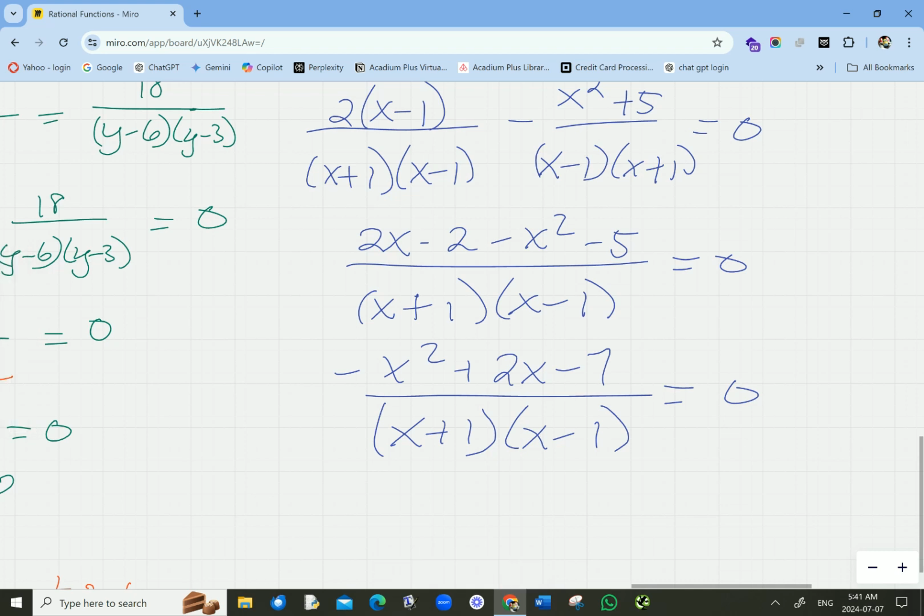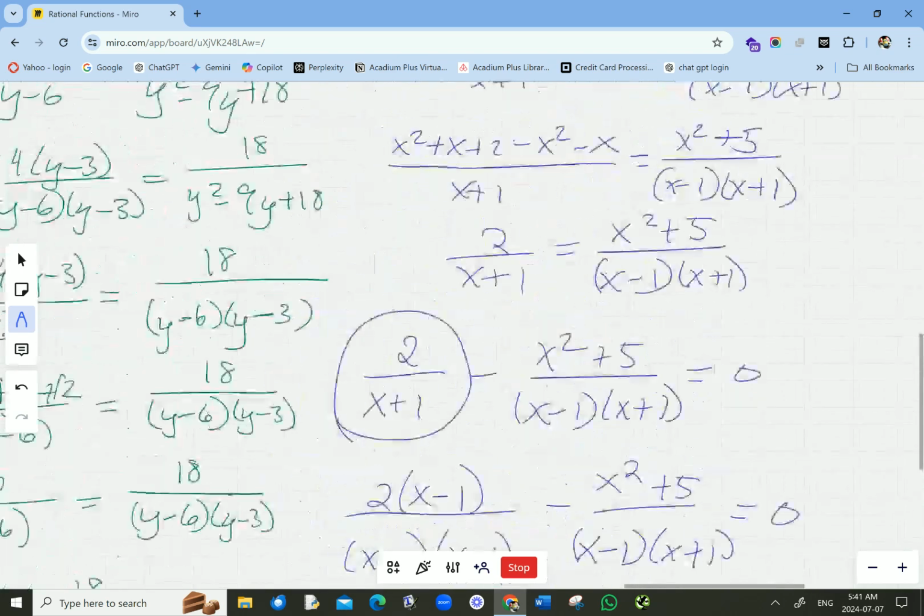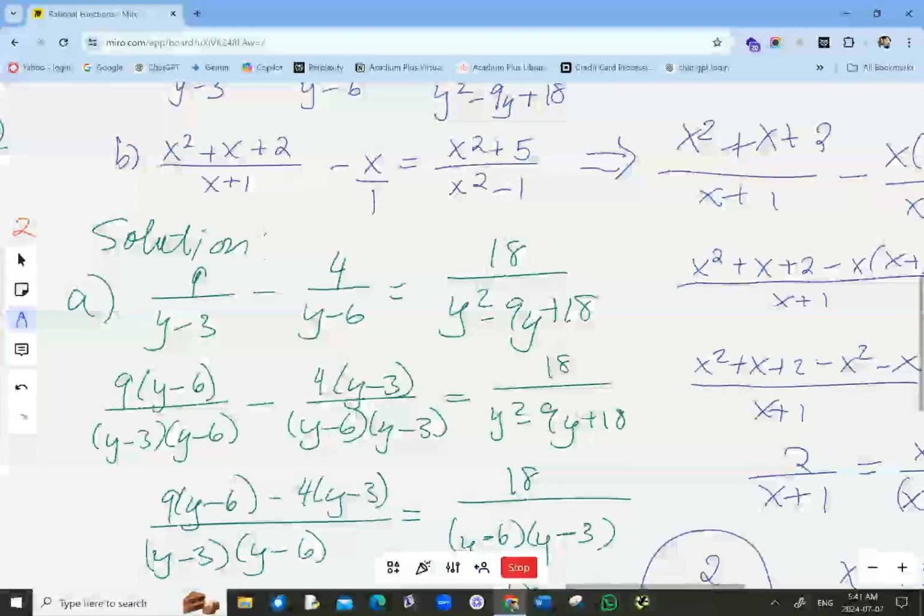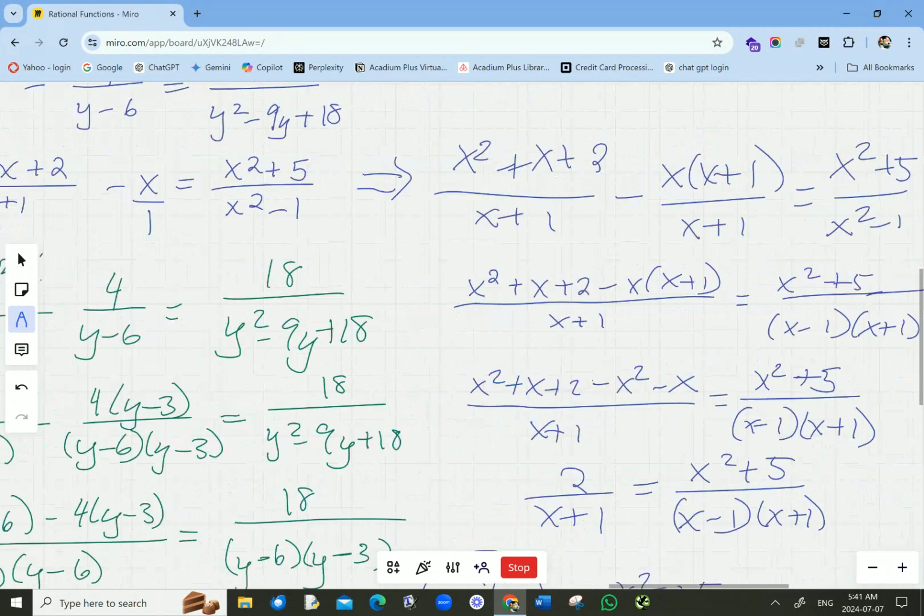I'm going to be honest, I don't know if we can factor the numerator. I think we're going to have to use our quadratic formula for that. I'm a little surprised that that's the case.